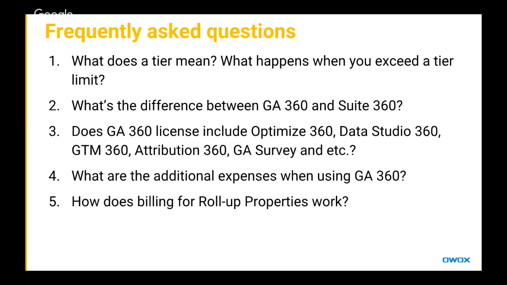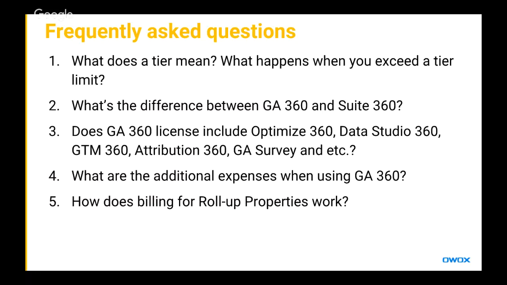How does billing for rollup properties work? Okay, it's quite an interesting question because these kinds of properties are very interesting. Using a rollup property, you can aggregate data from your other properties into one property.